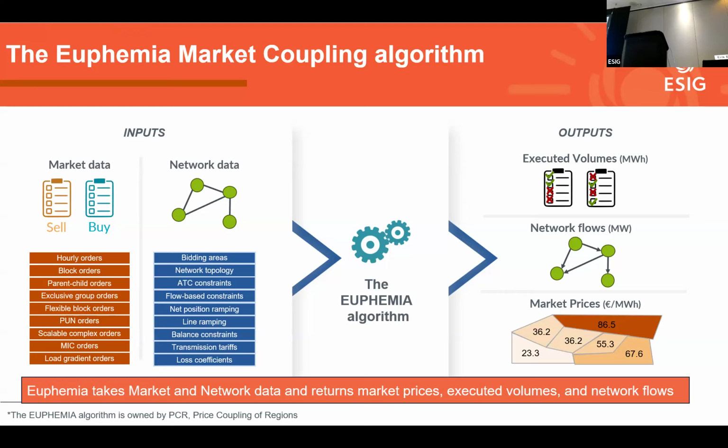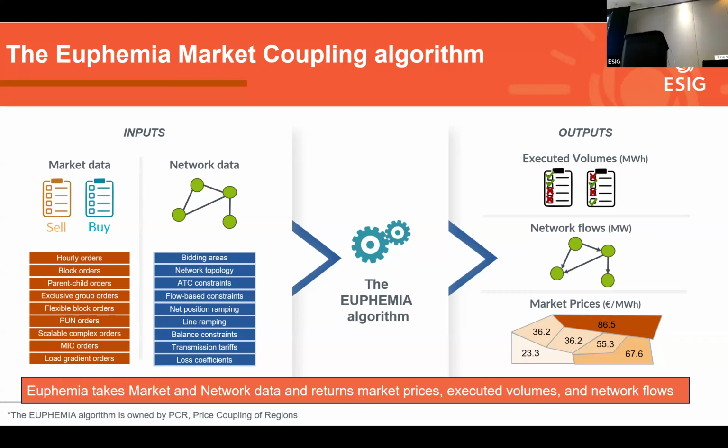And aside from that, it also takes into account network data. So what's network data? It's, for example, the different bidding zones that are fixed over all the year. It's always the same. But you also have network topological constraints. There are approximations of the network topological constraints, because we don't have all the information at the nodal level, but at the zonal level. I explained to you, we have different types of constraints, ATC or flow-based.